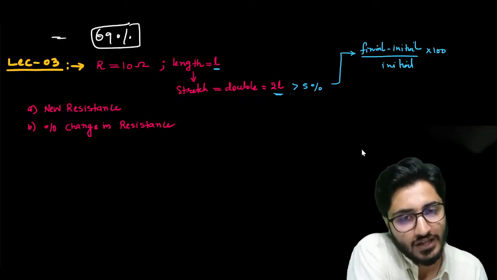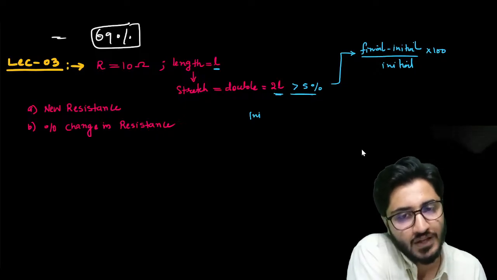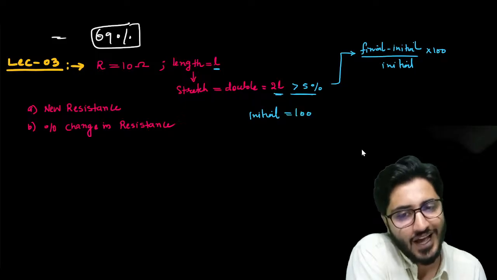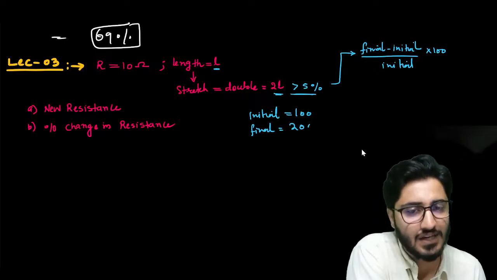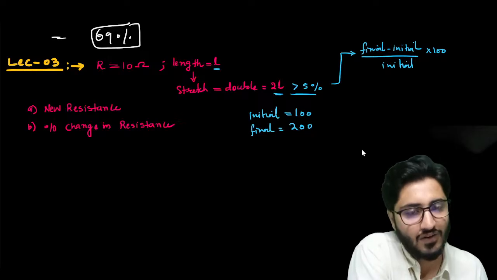And one more thing, if it is more than 5%, we can take initial as 100 and final as 200. It is double, no? We can take it like that, no? So now use the formula.